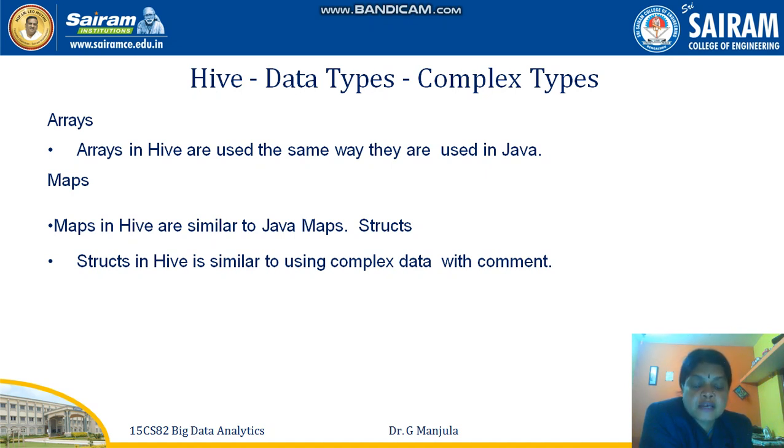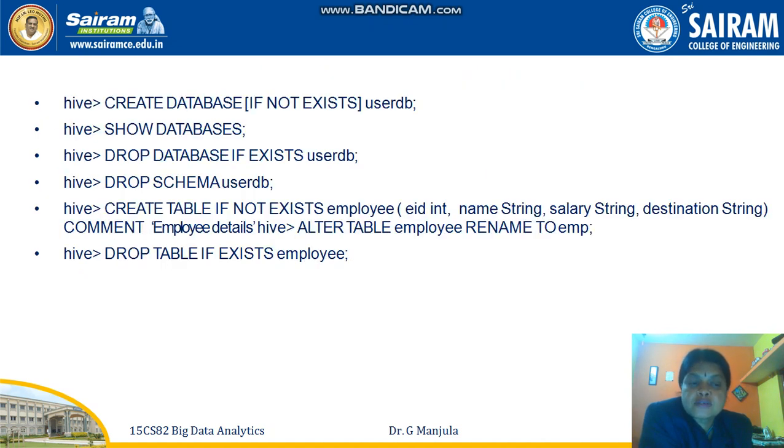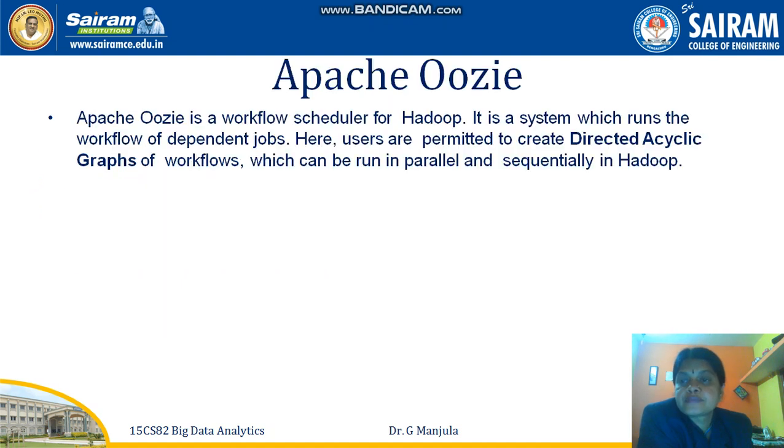So arrays, maps and structs remain the same as in the Java programming language. Here is one small example of creating a database, showing the database, dropping the database, and creating a table, which we learned in the DBMS subject, using Hive commands.